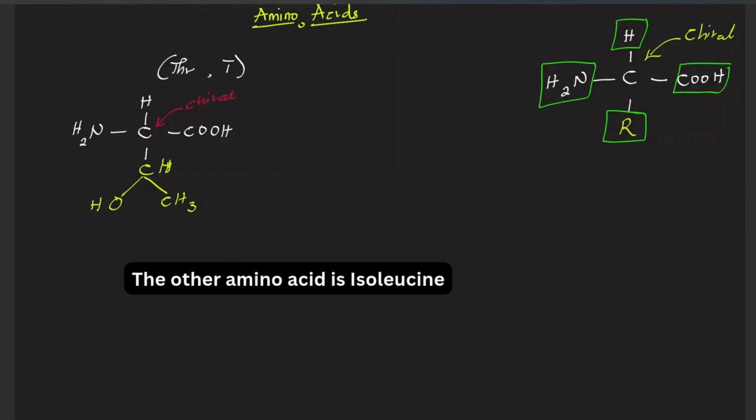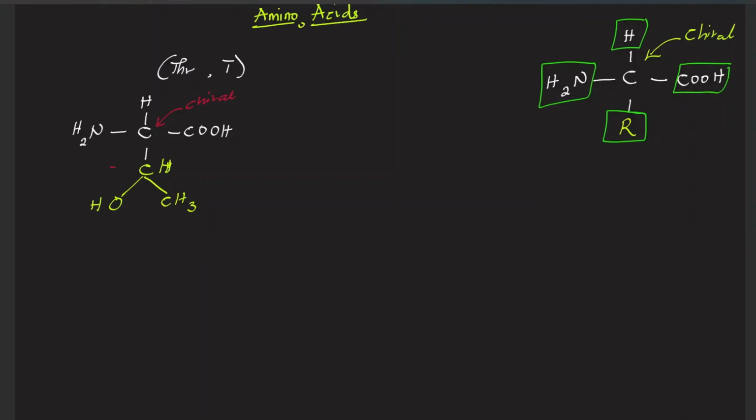As you can see, we have 4 groups attached to it, but this carbon is also a chiral center, if you've noticed it. It has all these groups on the top. It has a hydrogen, it has an OH group, and a methyl group. So it's attached to 4 different groups, and so it is also chiral. So that's something to keep in mind.